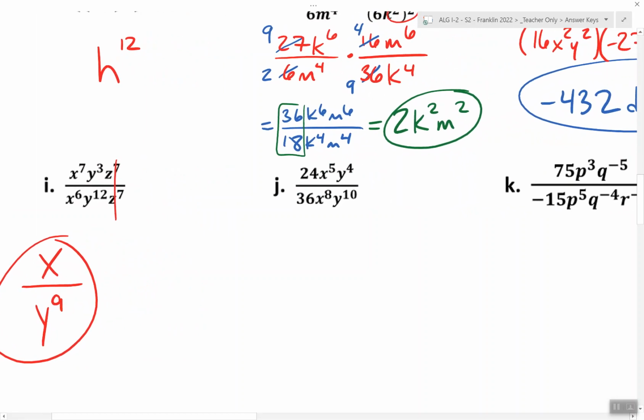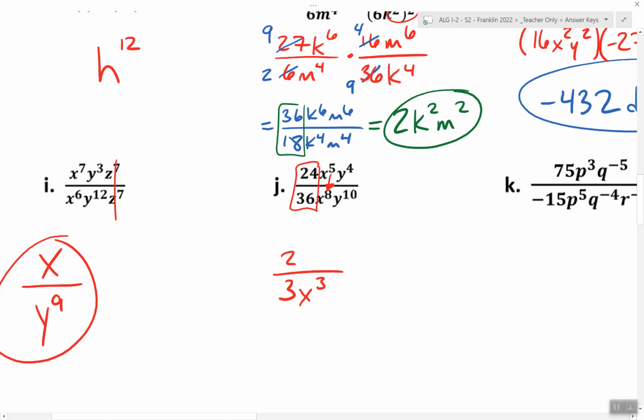Okay, looking at example J, 24 over 36, we can just reduce that fraction. Divide both those by 12, we end up with 2/3. And then we look at each variable. So x to the 5th, x to the 8th, 8 minus 5 is 3, and because the bigger one's on the bottom, that's where they end up. So 8 minus 5 is 3. We've got an x to the 3rd power on the bottom.